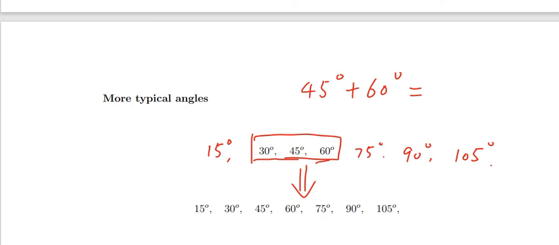For 15 degrees, 75 degrees, or 105 degrees, we can find the exact value of trigonometric functions without using a calculator. So we can regard those as typical angles too.